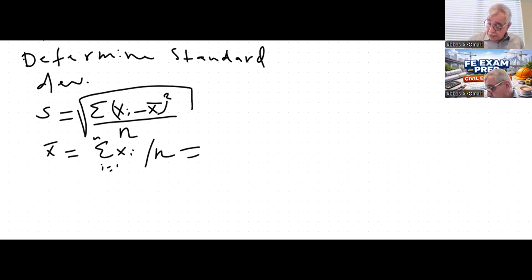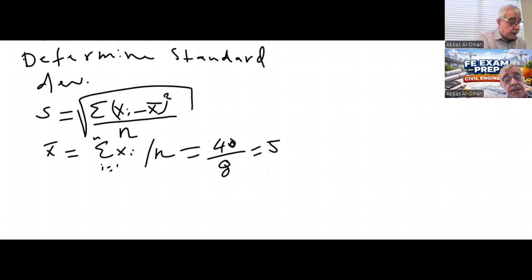So the summation is 40, divided by 8, which is the number of sampling points, equals 5. So the arithmetic average is 5.